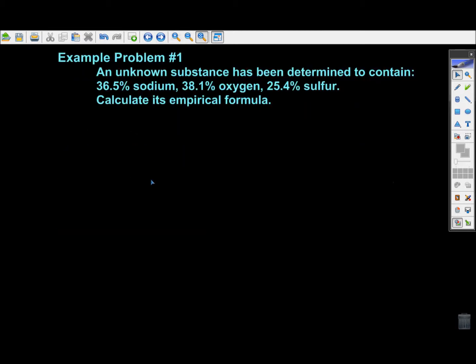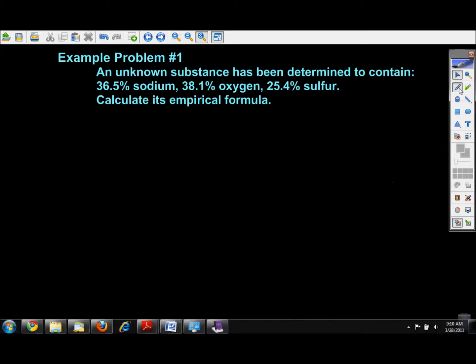All right, example problem 1. This is very similar to what you would see on a quiz or a test. Now it says you have this unknown substance, and laboratory analysis has determined that it contains 36.5% sodium, 38.1% oxygen, and 25.4% sulfur.